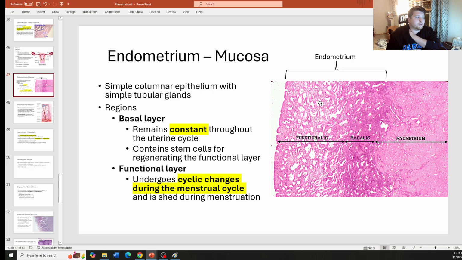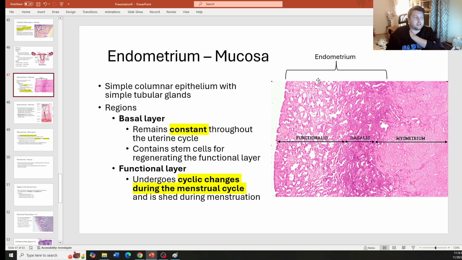So this is going to grow and grow and grow until, if there is no fertilized egg to implant, and then no formation of placenta and other things to keep this layer active, this whole functional layer is what's actually going to break off and make up the menstrual discharge.